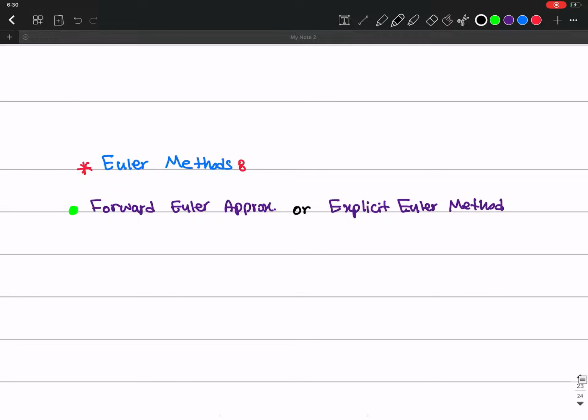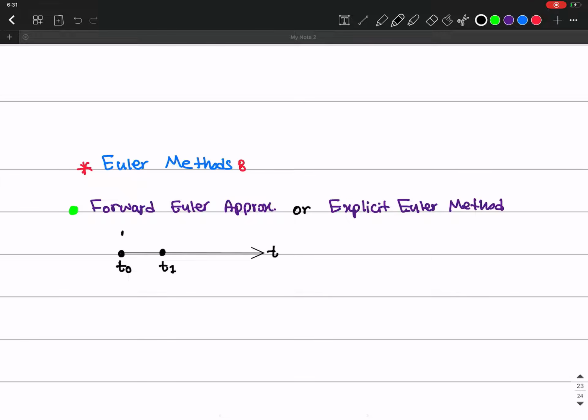For this one, it's very simple. Say we have this time progression, and we have two points. One is t0, the other one is t1.